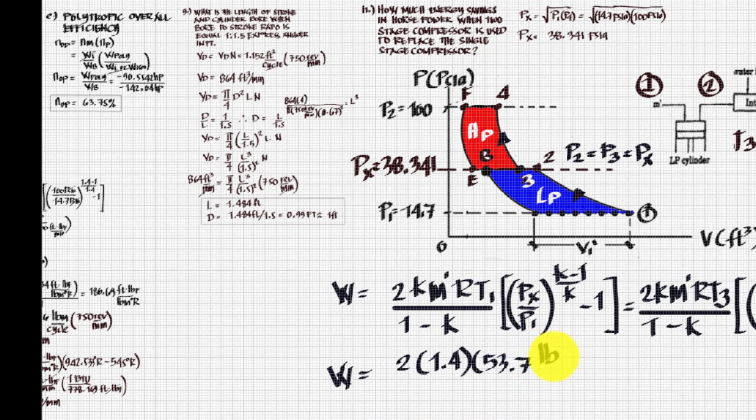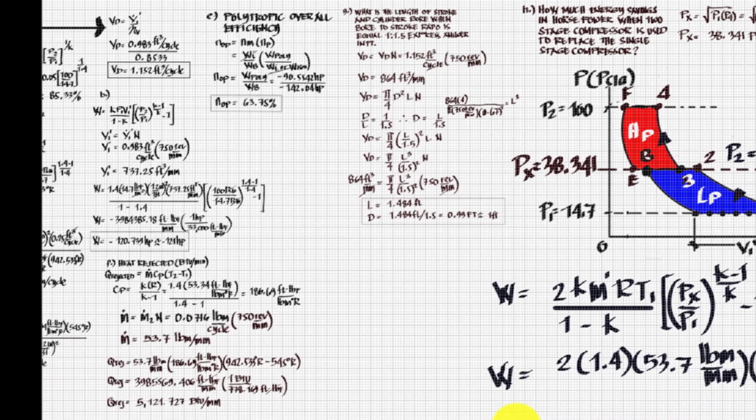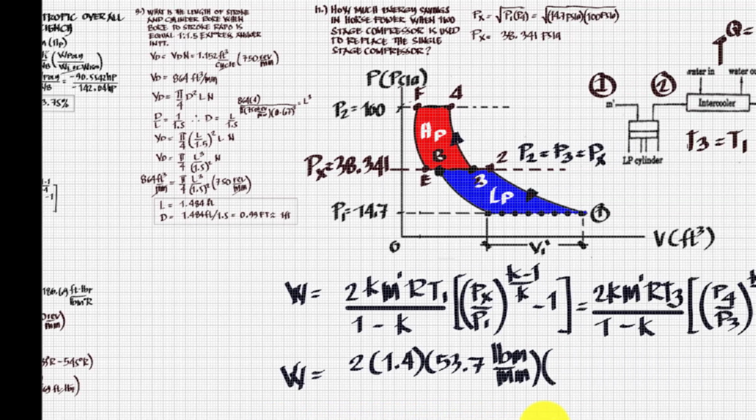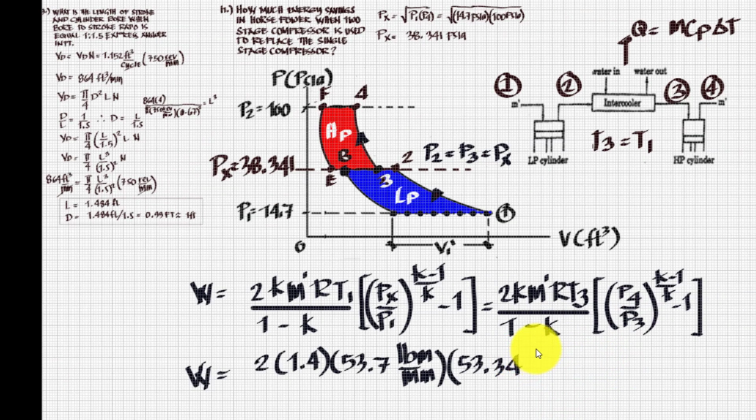53.7 pound mass per minute, multiplied by the R of the air, which is 53.34 foot pound force per pound mass degree Rankine.